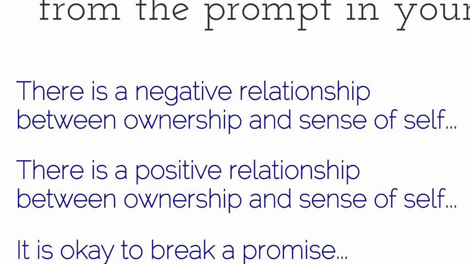Here are two examples for the AP prompt about ownership and sense of self. If you use the language from the prompt, you might write, there is a negative relationship between ownership and sense of self. Or the other side of that would be, there is a positive relationship between ownership and sense of self. The statement part of the thesis would use the exact wording from the prompt.